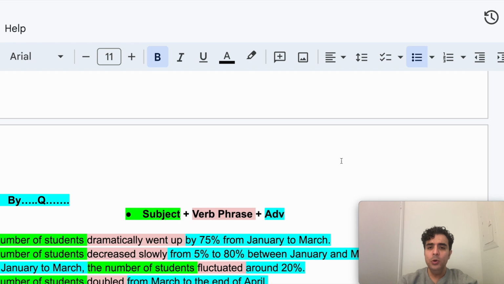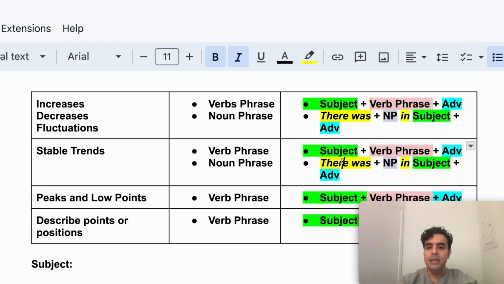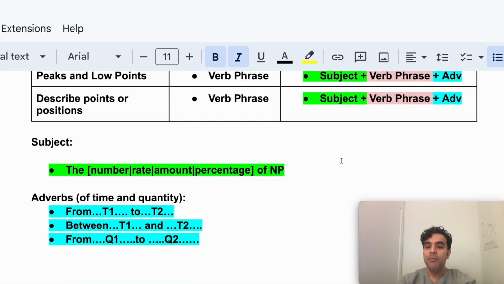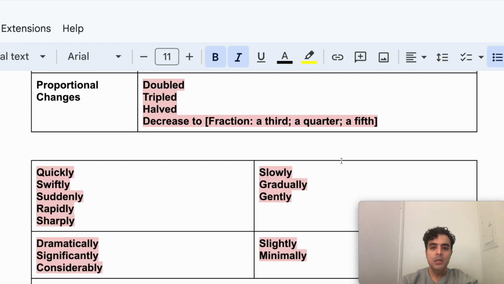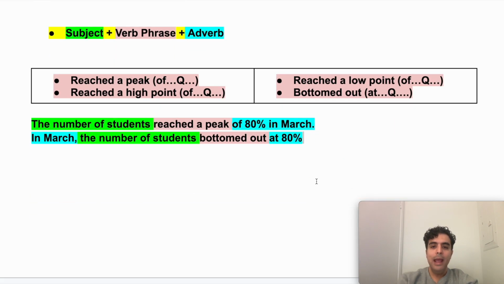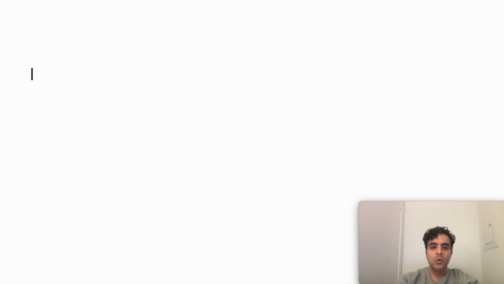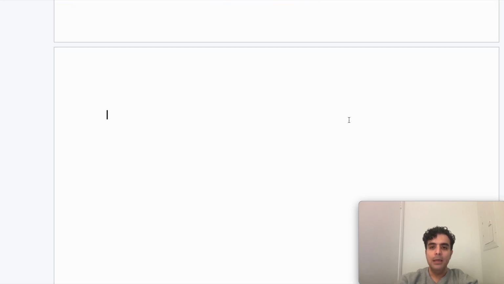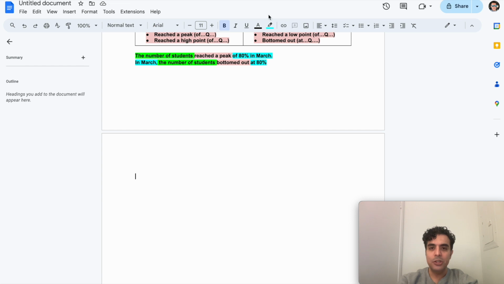And what we're going to do is we're going to see what are the different verb phrases that you could possibly use to describe these peaks and these specific points in your chart. So let's go all the way down. Let's add a new heading and we'll take it from there. So we are describing points in a chart.